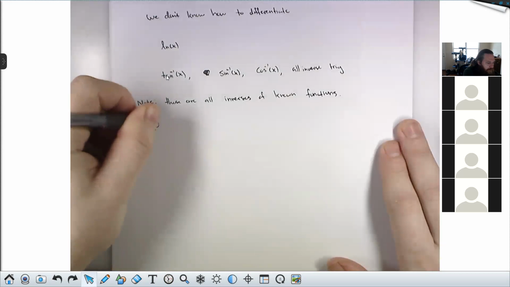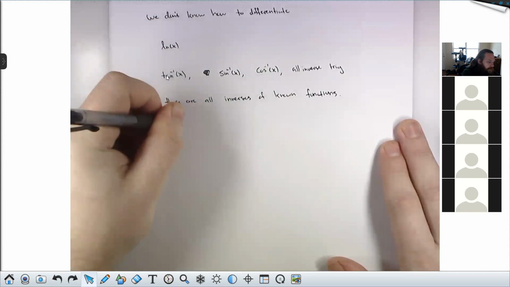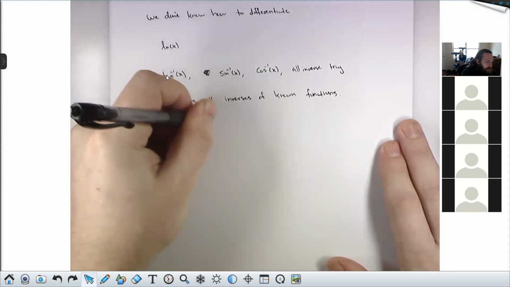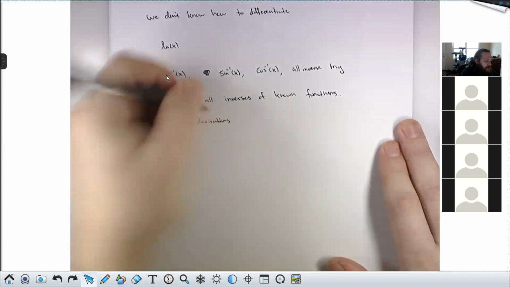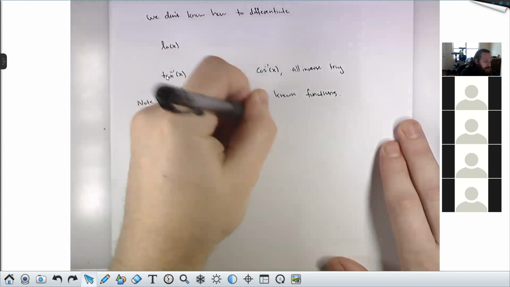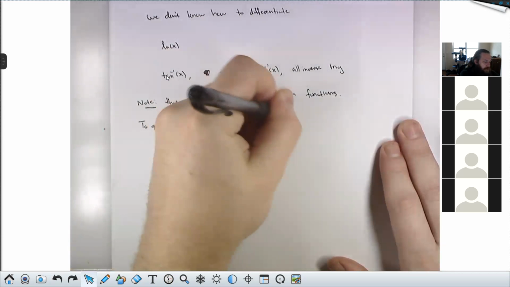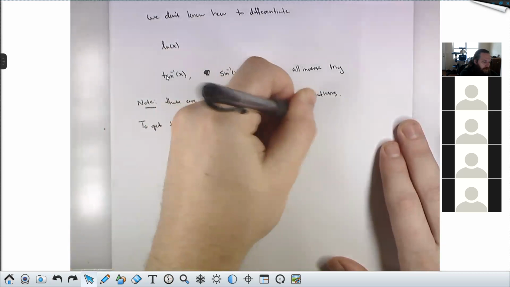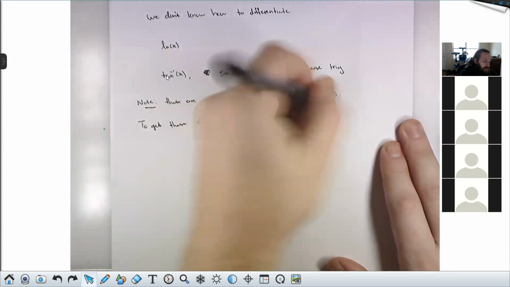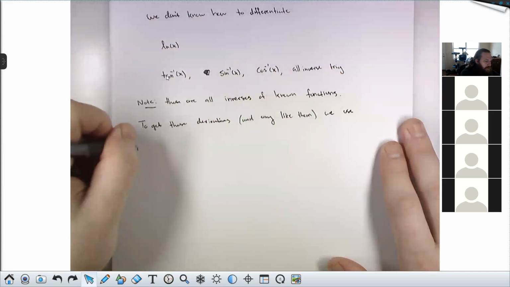So to get these derivatives, and any like them, we use implicit differentiation.